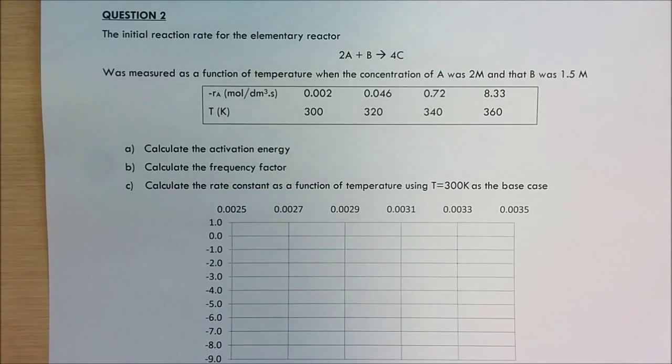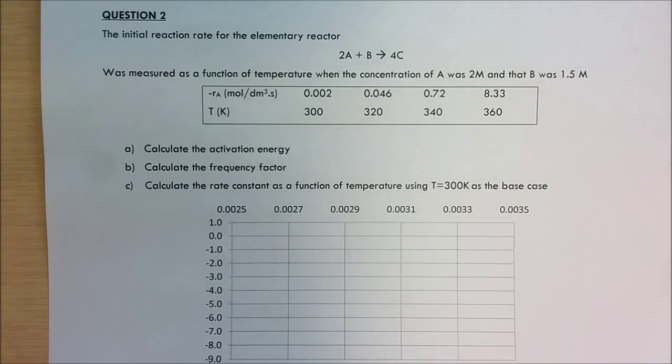Now let's go to question number 2. In this question, we have a reaction 2A plus B goes to 4C, and we have the information of concentration of A 2 molar and concentration of B 1.5 molar.